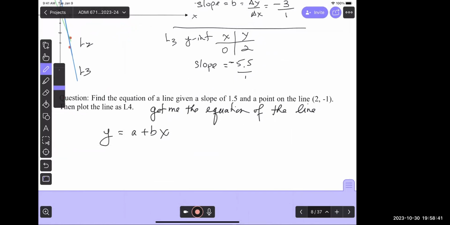I can put in 1.5 as B. Yes. I can use X of 2. I find... I put it on the chat. Oh, okay, yeah.